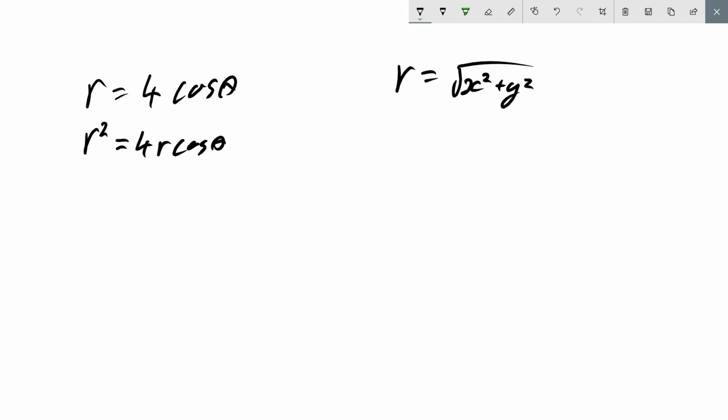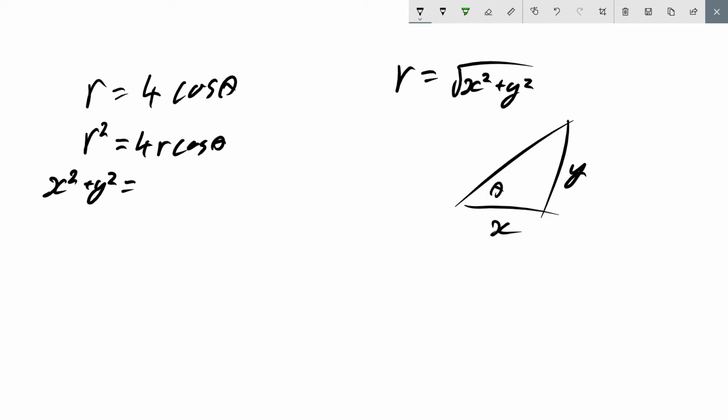So this r squared cancels the root, so we now have x squared plus y squared equals 4 r cos theta. In our triangle here we have theta, x, and y. If we were to take the cosine of theta, adjacent divided by hypotenuse, that's just x over r. We times r on both sides, we have r cos theta equals x. And from that we can just sub that in, so we now have 4x here.